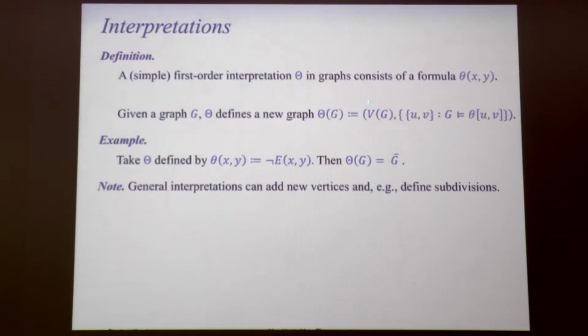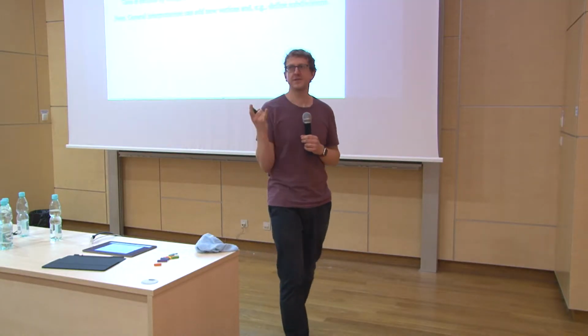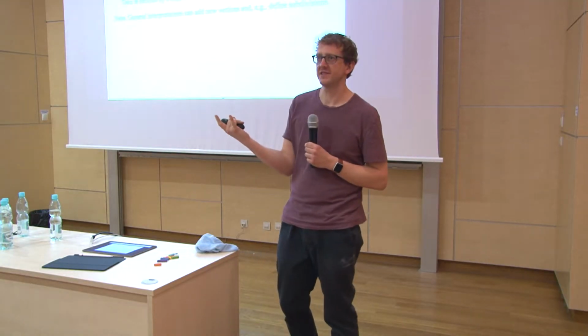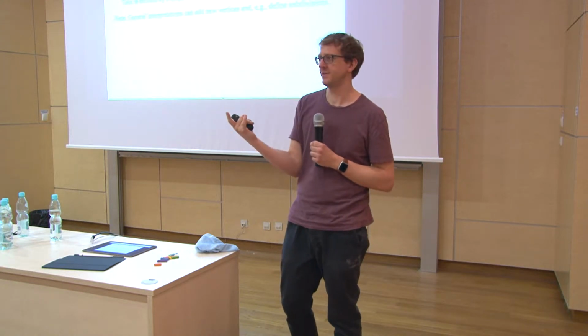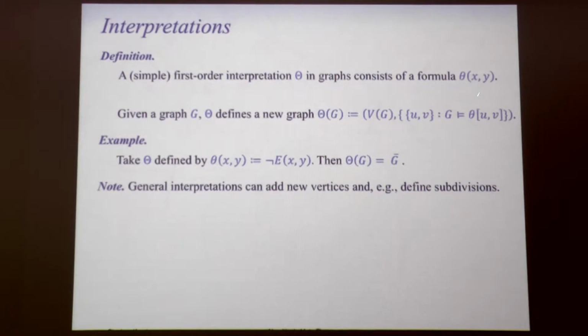We have the same vertex set, but now the edge relation of the new graph is the set of all pairs of distinct vertices u and v which satisfy the formula. You just take your graph, go through every pair of vertices and check whether it satisfies the formula. If it does, then you draw an edge between them, and if it doesn't, you don't draw the edge. So this formula in any graph defines a new graph, which you get by evaluating this formula in the graph.